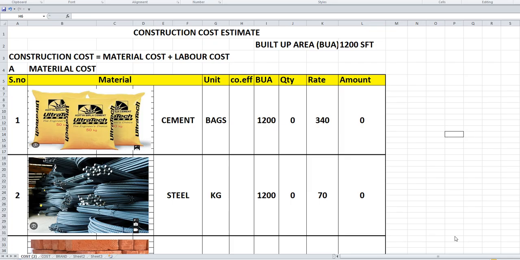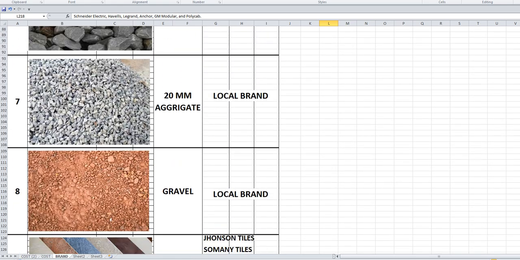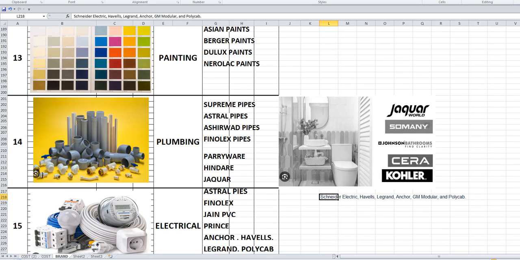Before that, there are different brands available for different materials, and a good understanding is required about the standards of the different brands and the cost. There are different construction materials like cement, steel, bulk materials like local brands, bricks, aggregates, quartz aggregates, and then finishing items: tiles, doors, windows, paints, electrical, plumbing.